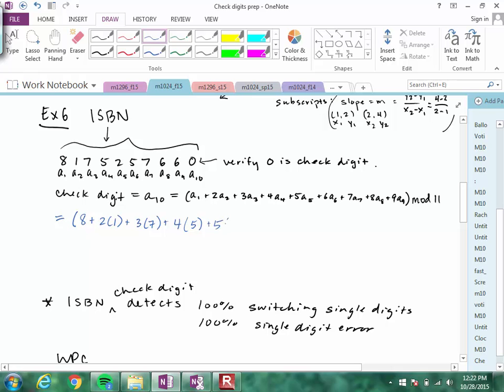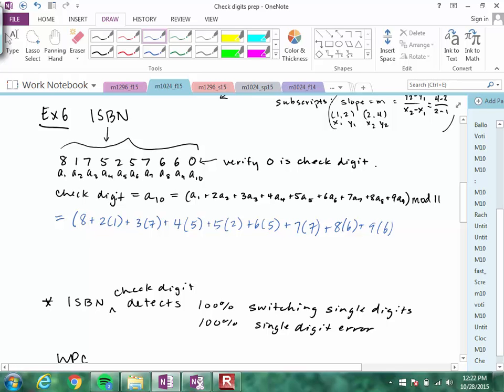Then 5 times the fifth digit, which is 2. Then 6 times the sixth digit, which is 5. 7 times the seventh digit, which happens to also be 7. So on and so forth. 8 times 6. 9 times 6.